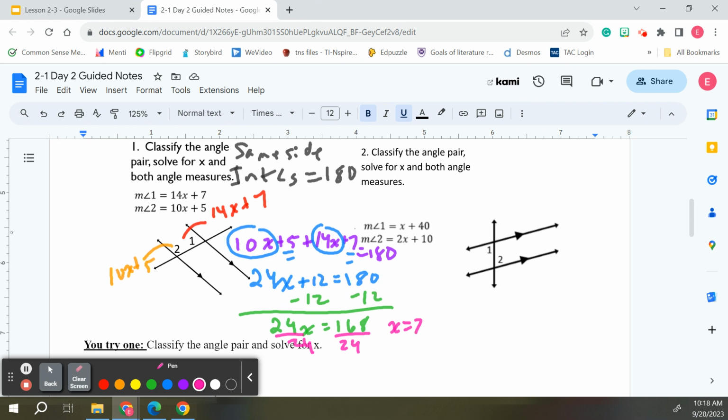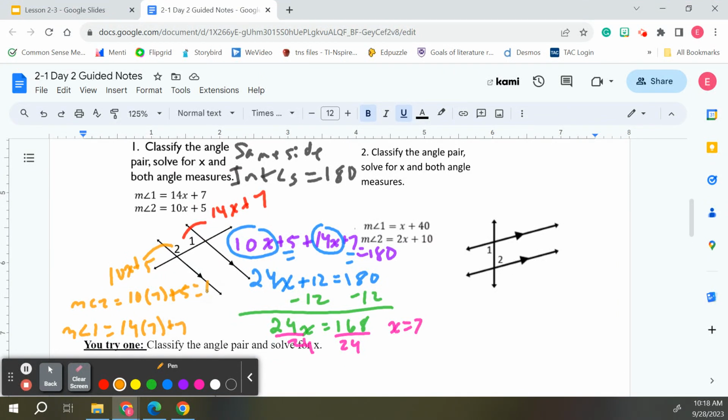Now, they said solve for x and both angle measures. So I need to take this 7 and substitute it into each, because these are not congruent, they're supplementary. The measure of angle 2 is going to equal 10 times 7 plus 5, and the measure of angle 1 is going to equal 14 times 7 plus 7.